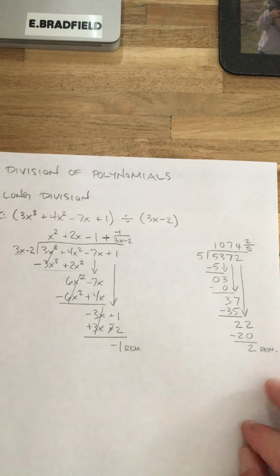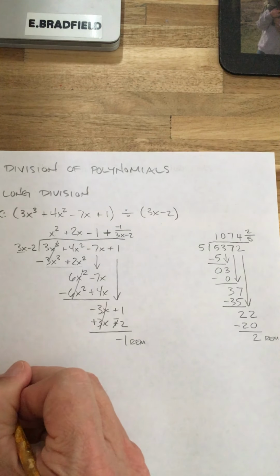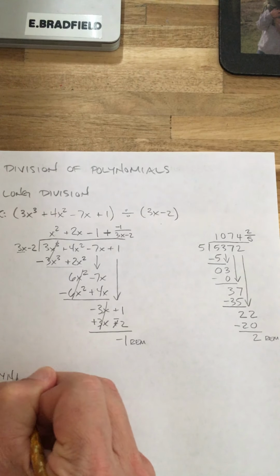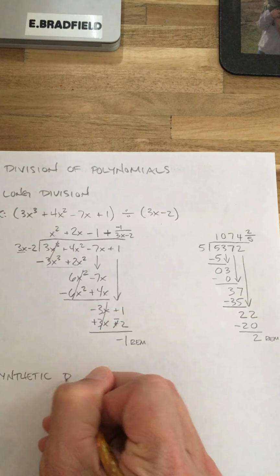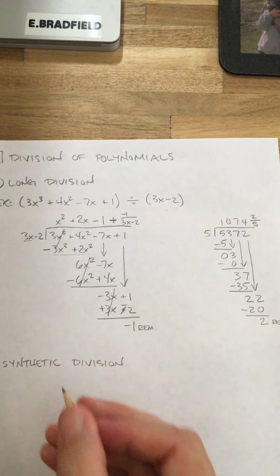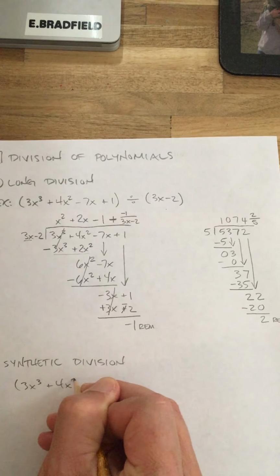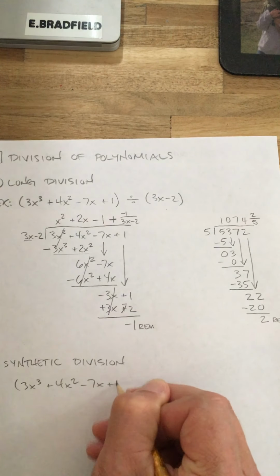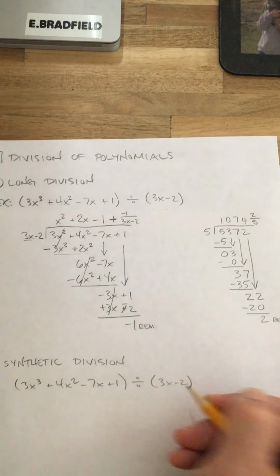So there's long division. Let's do this with synthetic division, okay? Synthetic. Sounds like pathetic. Synthetic division. All right, we'll do the same example, okay? 3x cubed plus 4x squared minus 7x plus 1 divided by 3x minus 2, okay?